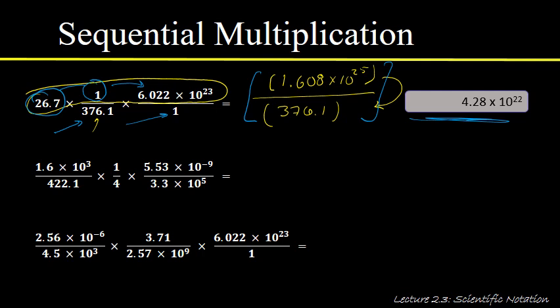You can, if you want, multiply all the numerators together, write down that value, then multiply all the denominators, write down that value, and then divide one by the other.